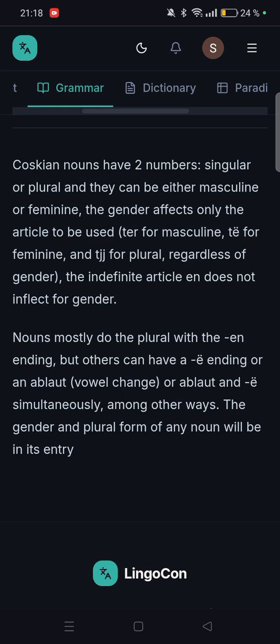In the dictionary entry of any noun, the plural will be listed, because mostly it's n, but it can also be ablaut or ablaut plus ending. Okay, and so yeah, that's it.